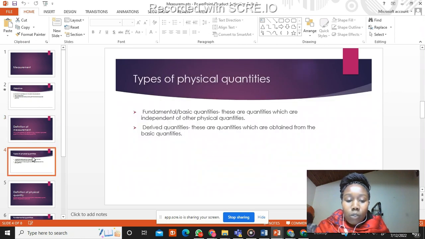So we have two types of physical quantities. One is referred to as the fundamental or the basic quantities, and the other one is referred to as the derived quantities. Now, fundamental quantities are quantities which are independent of other physical quantities, while the derived quantities are the ones which are obtained from the basic quantities.